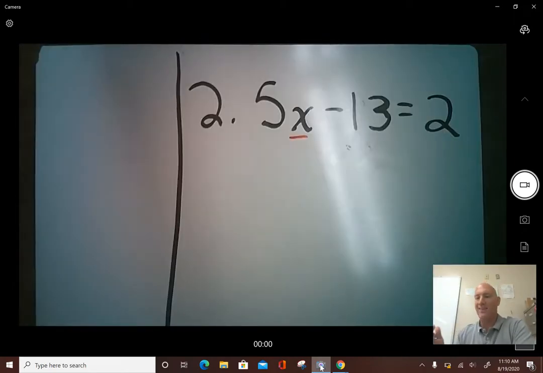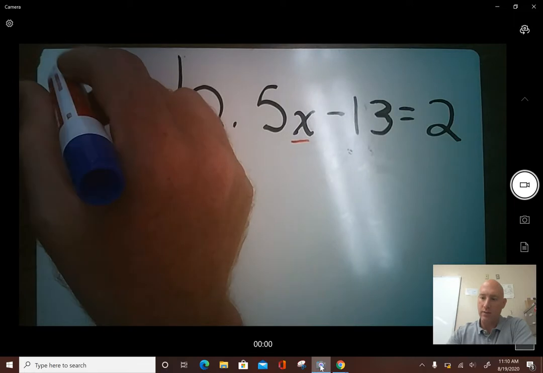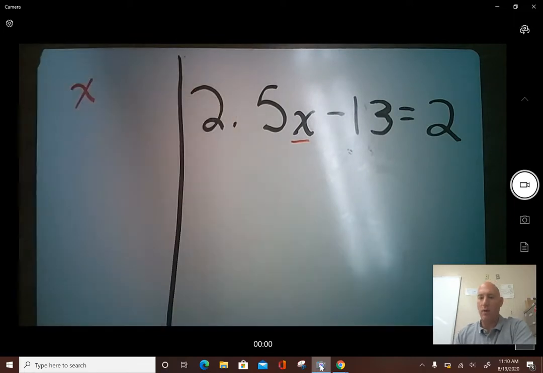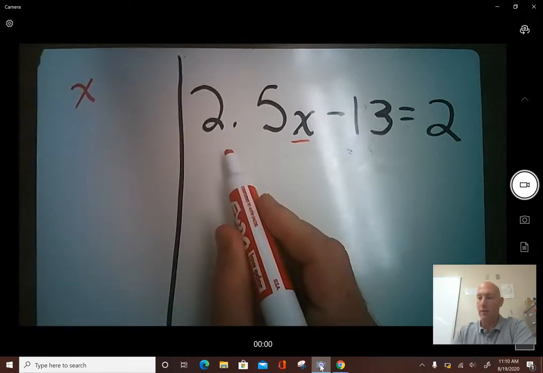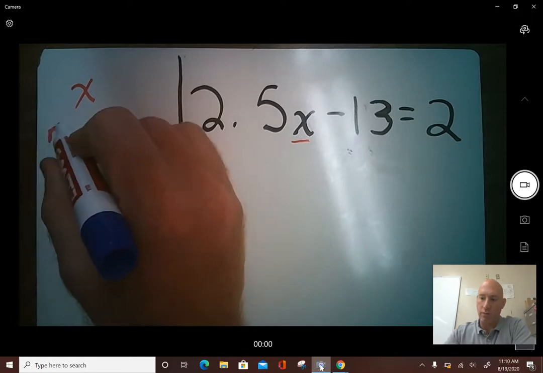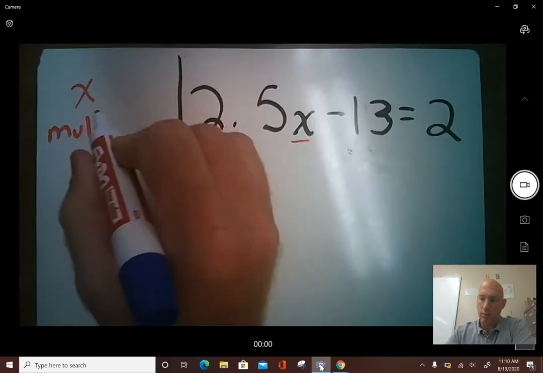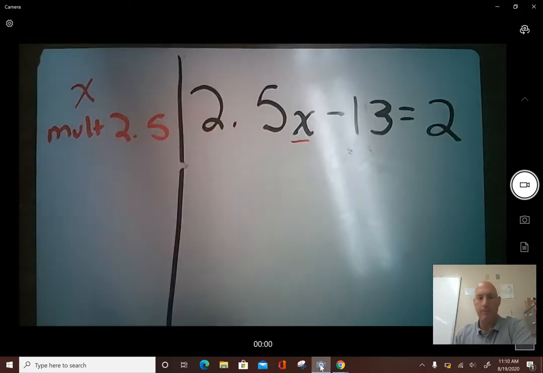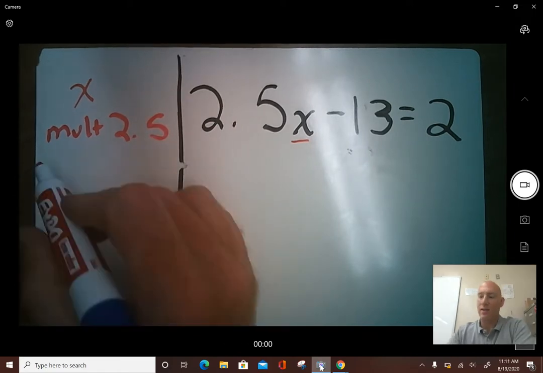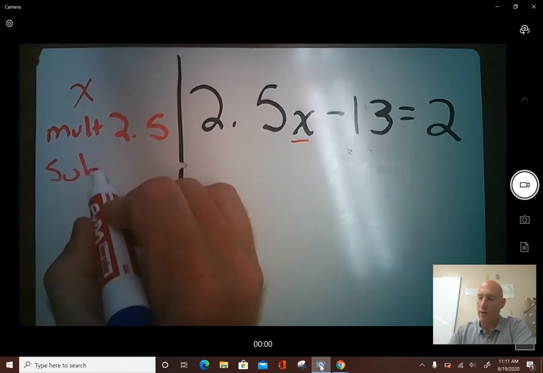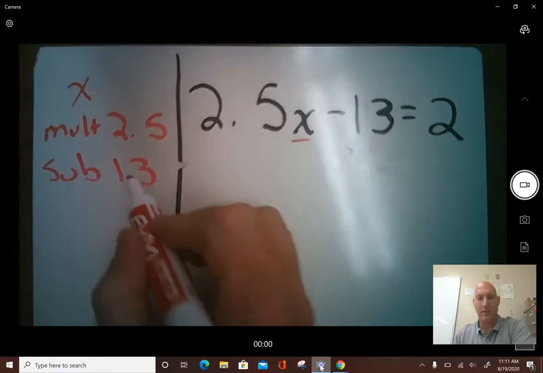I need to think what happened to this variable, okay? So it was x. Then it was multiplied by 2.5. Then it was subtracted by 13.